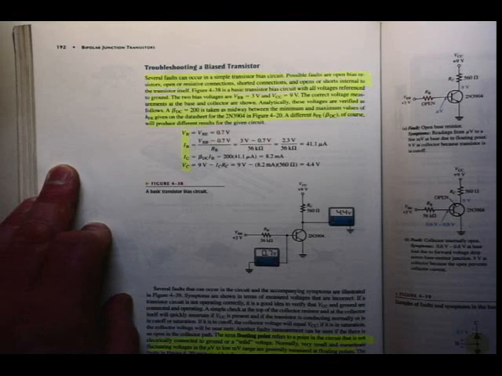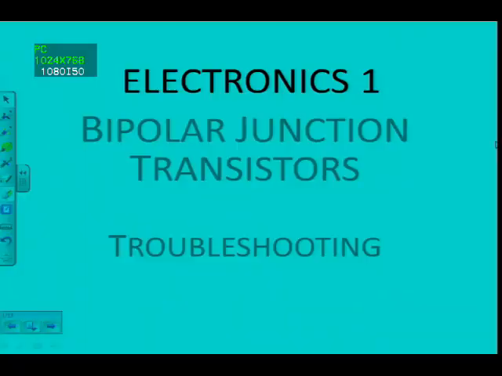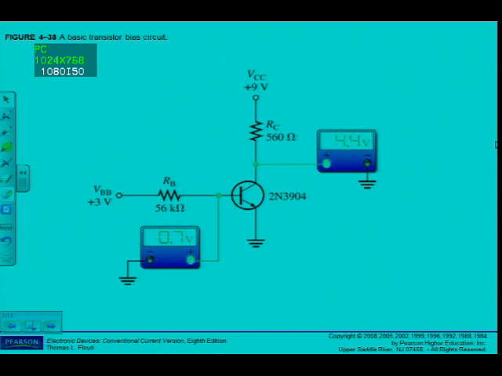Anyway, in Figure 4-38, basic transistor bias circuit, as we've discussed in previous sections, it is biased with two separate power supplies, VBB in this case 3 volts and VCC 9 volts, and then I have to do some measurements and see if the circuit works or not.